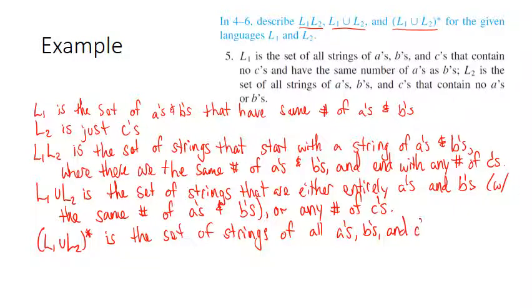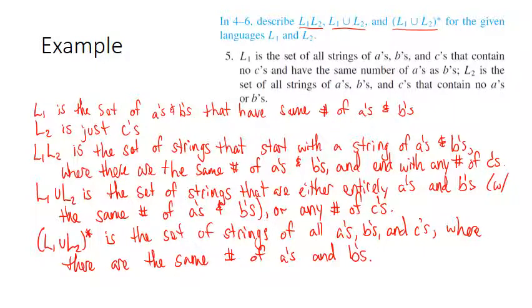And I think the only really distinguishing property that this set is going to have is that you'll always end up with an equal number of A's and B's, because every time you take something from L1 and concatenate that in there, you'll keep having that property. So I'll just write that. Okay.